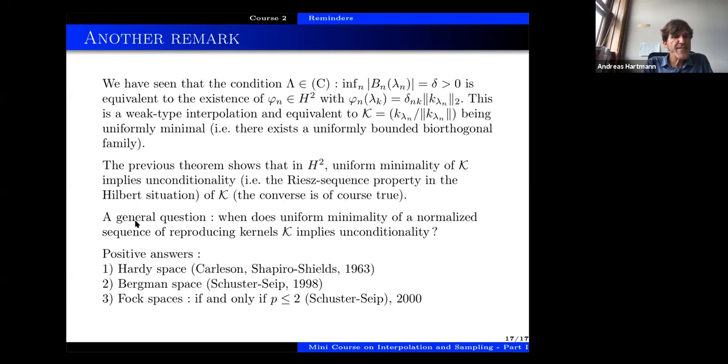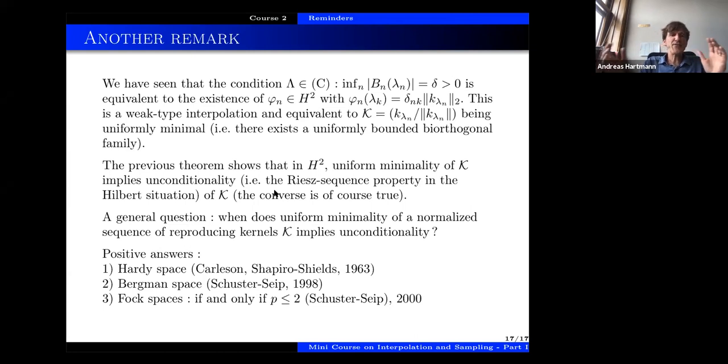Is there a characterization of interpolating sequences for Hardy space on the polydisk or the unit ball? Great question. I don't think so. At least there's no usable definition. Maybe there's some abstract condition. There are many partial results. It's a difficult problem.